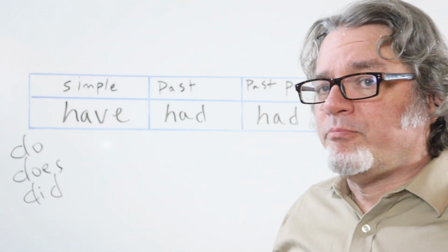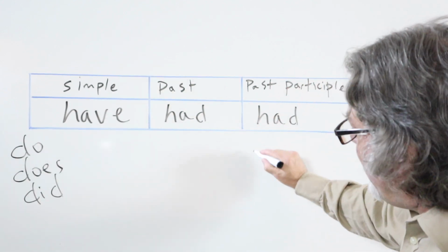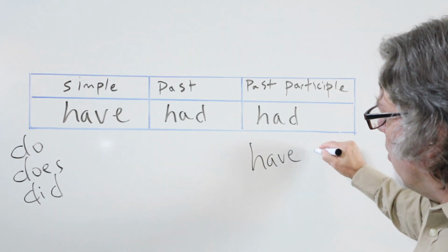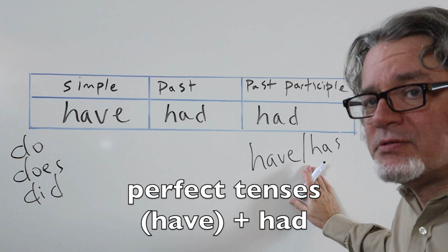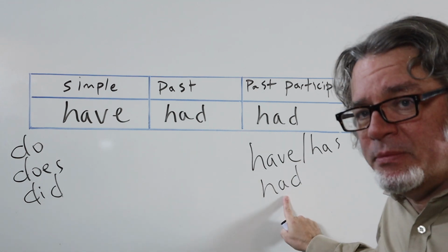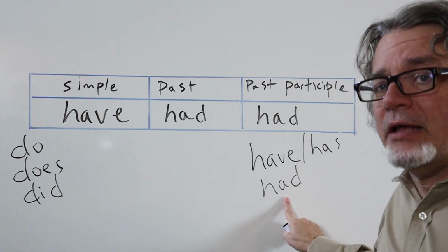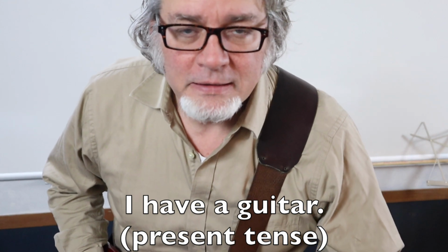When forming the present perfect tense, use the helping verb have or has in the present perfect tense, or had as a helping verb for the past perfect tense. I have a guitar.